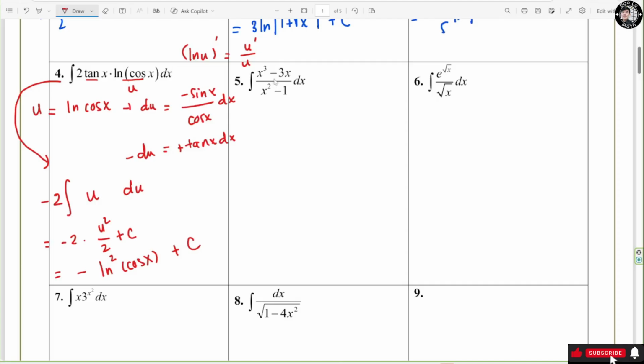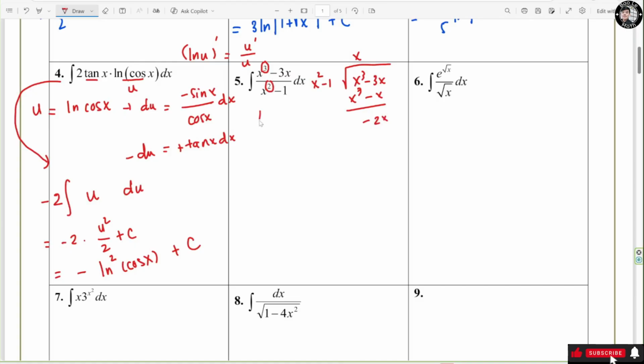This one is a rational function where the degree of the numerator is greater than the degree of the denominator. We need to do long division, right? We're going to take s cubed minus 3s divided by s squared minus 1. So s cubed divided by s squared is s; s multiplied by the divisor is s cubed minus s, and subtracting gives negative 2s, right?